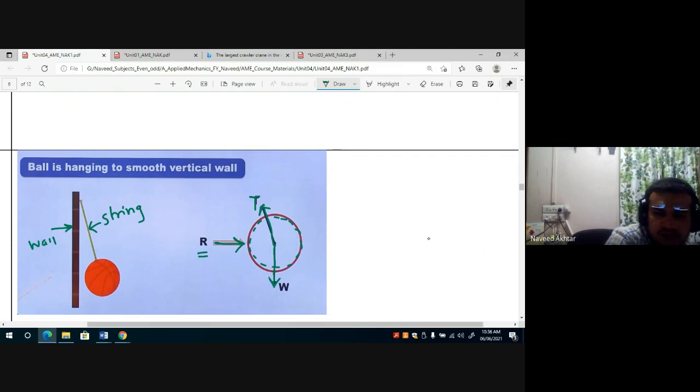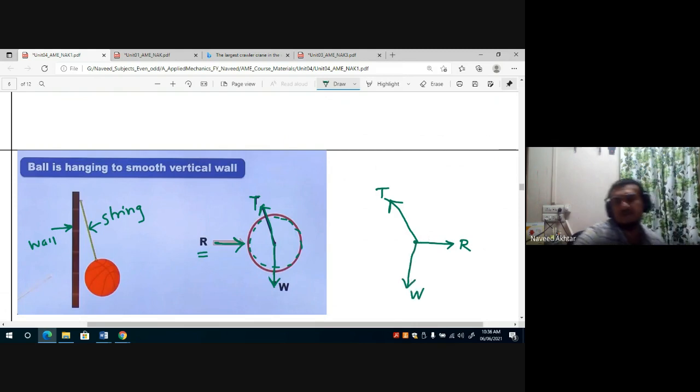Or I can make this free body diagram because all the forces act at one point. I will write R, the reaction from the wall, T, the tension in the string, and W, the self-weight. So this is the FBD of the ball hanging on a smooth surface.